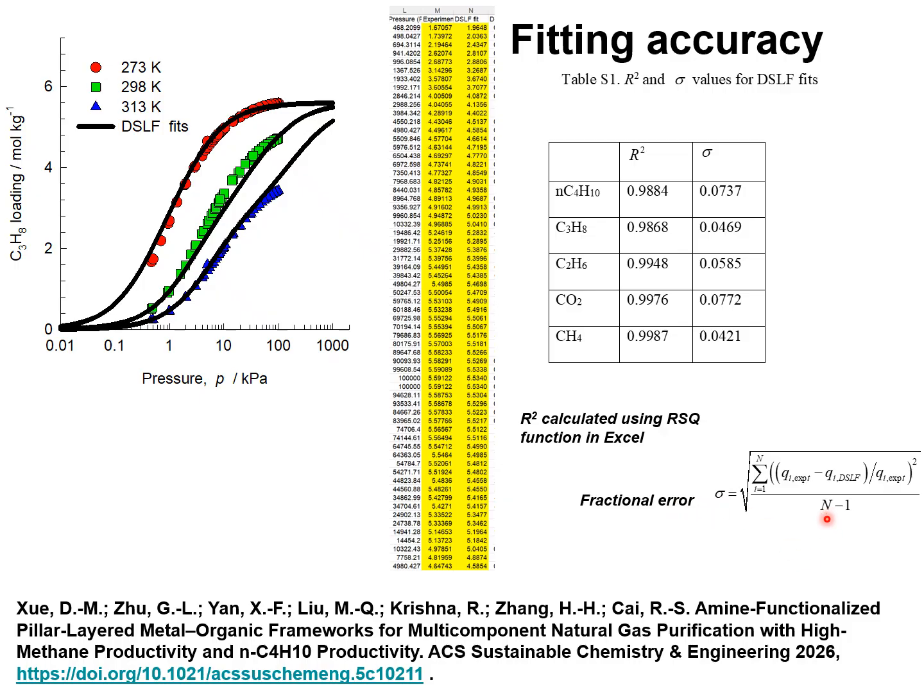N is the total number of data points, and there are 250 data points for say each of the guest molecules listed here. Further details on these calculation procedures are described in the supporting information accompanying this paper.